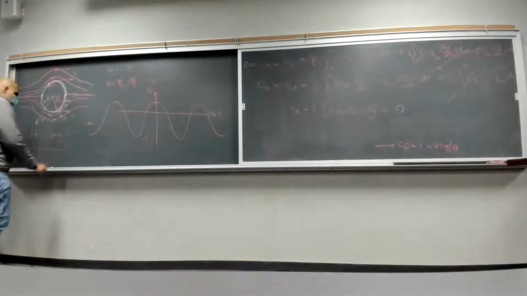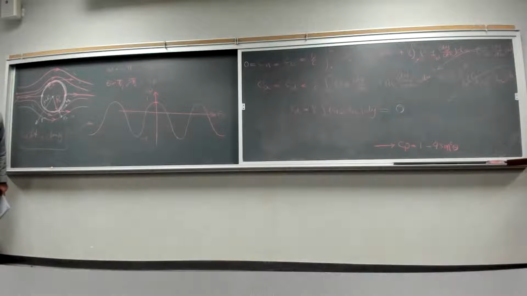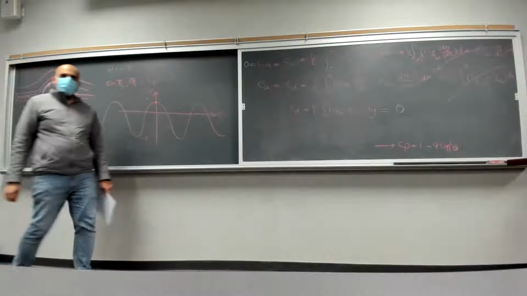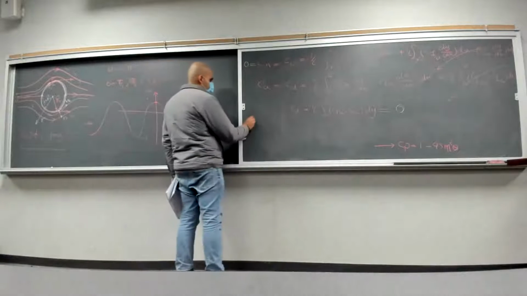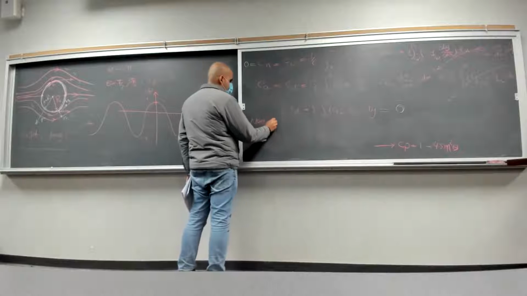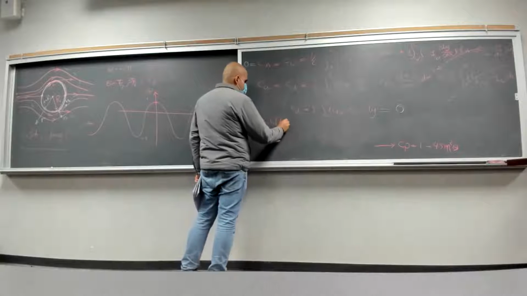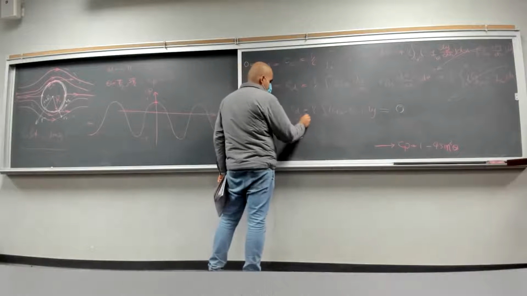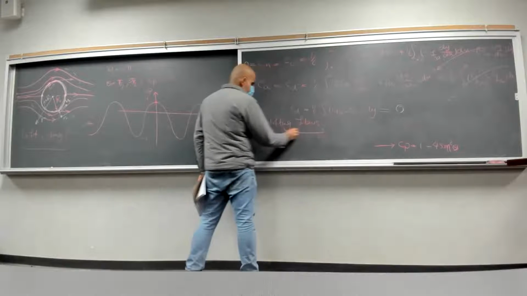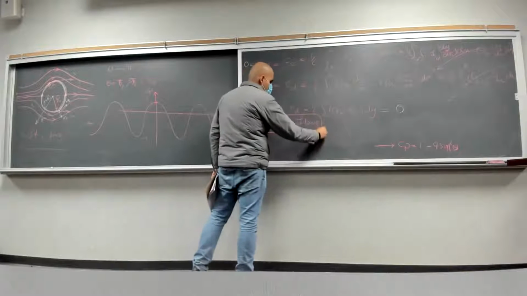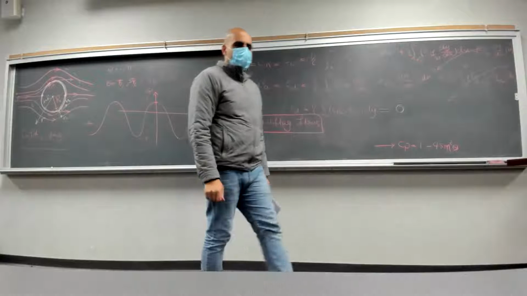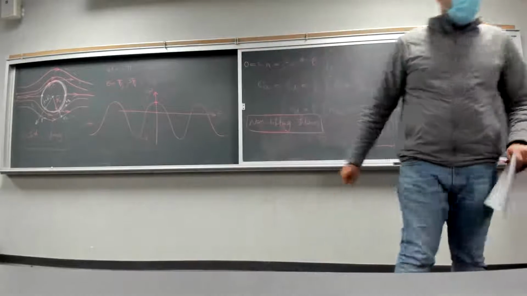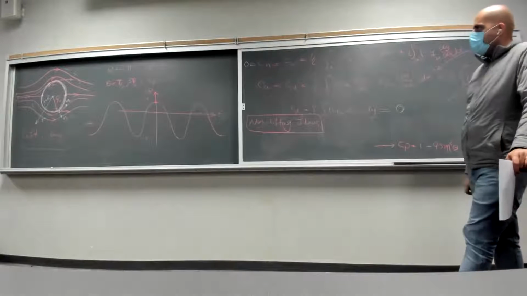Because we are getting 0 lift, this type of flow over a stationary cylinder is called non-lifting flow, because it doesn't generate lift. Essentially, pressure distribution on top and bottom are going to be equal. Okay?